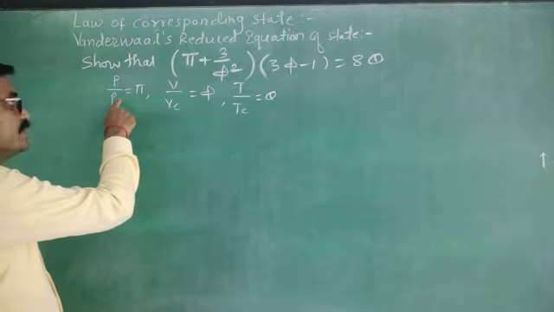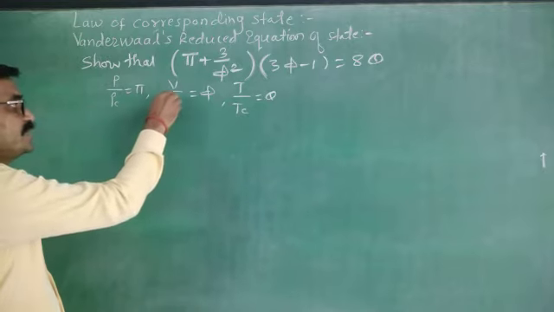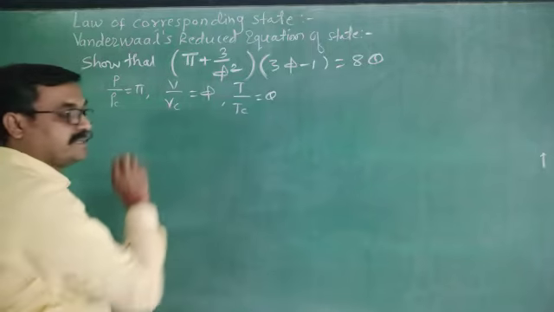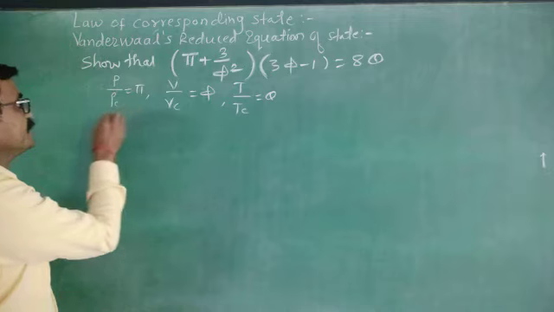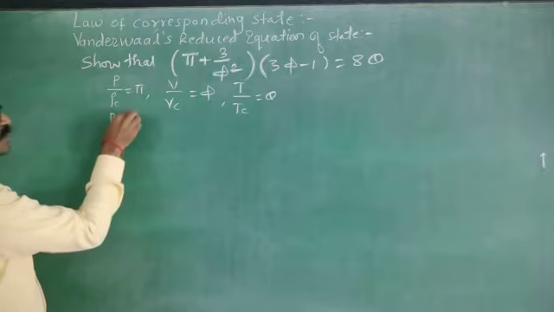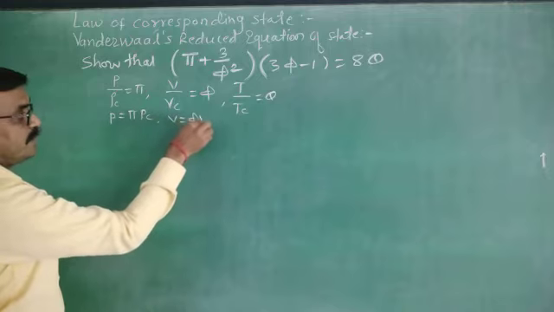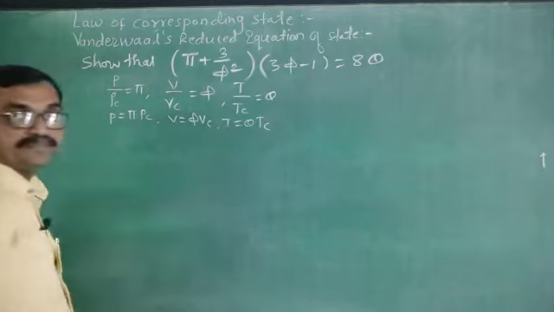Pc is critical pressure, Vc is critical volume, and Tc is critical temperature. Now from this, what is the value of P? P equals pi Pc, V equals phi Vc and T equals theta Tc.